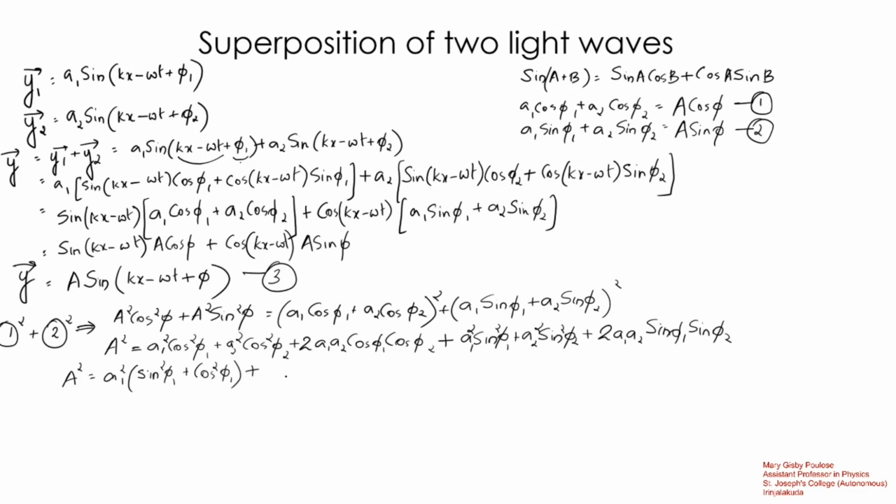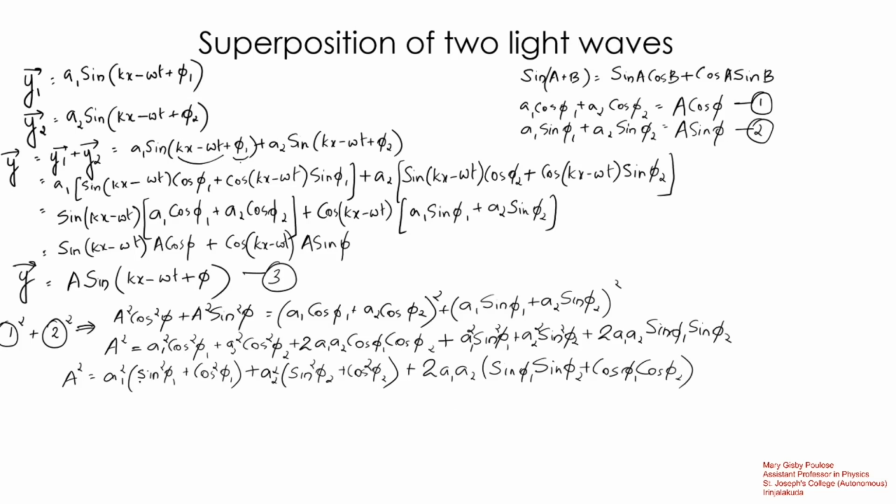Okay, plus A2 square of sin square phi 2 plus cos square phi 2 plus 2 A1 A2 into sin phi 1 sin phi 2 plus cos phi 1 cos phi 2.